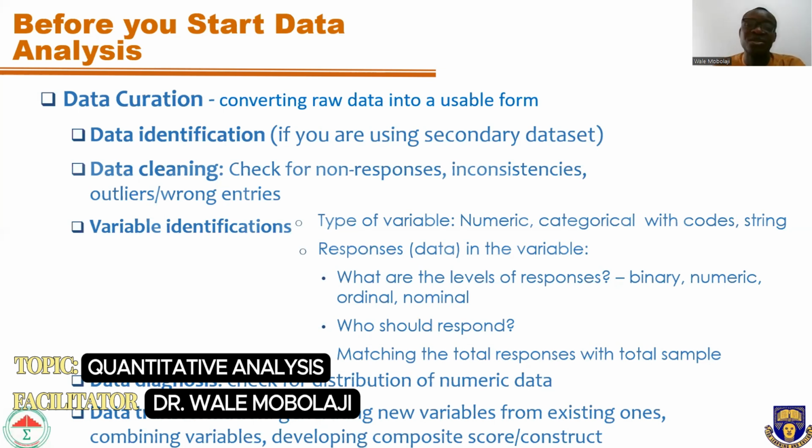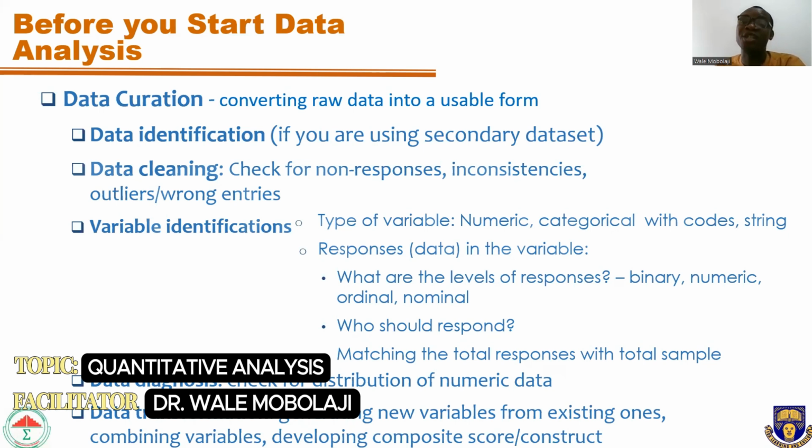String variables are just text, maybe a combination of text and numbers sometimes. So you recode them into categories and you give them a code. The fact that you give them a code, maybe you give male 1 and you give female 2, does not mean female is greater than male.